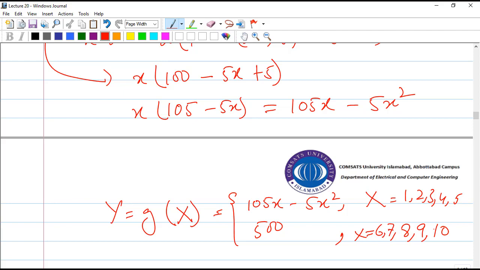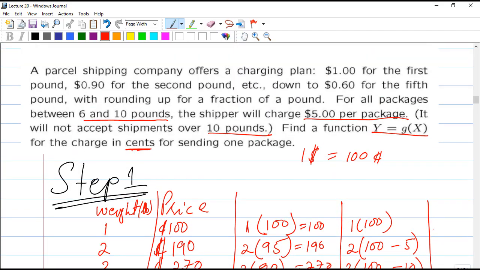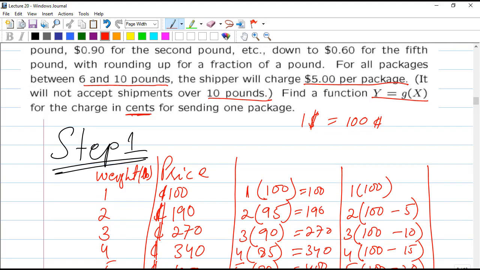Now we have seen how we can derive a random function of a random variable. Remember, you have to start from the very basics, step by step, to derive the function. That's why we have done it for all the values, because it was just 5 values.